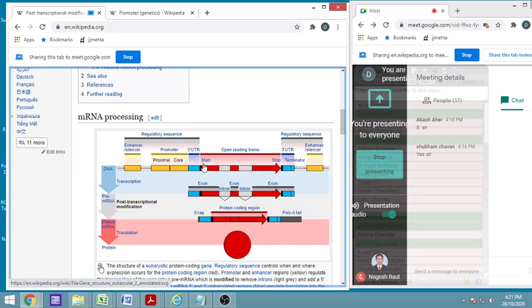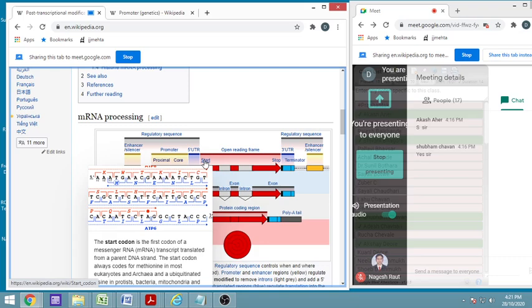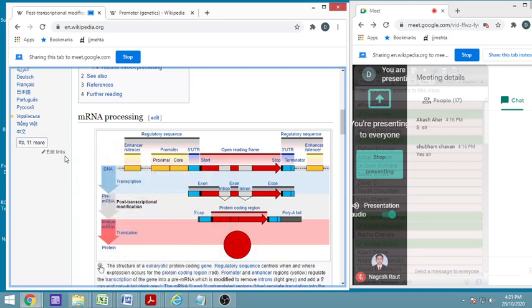And then next will be the start codon, which is the first codon for the messenger RNA transcript from the parent DNA strand. In most cells that start codon will be there.